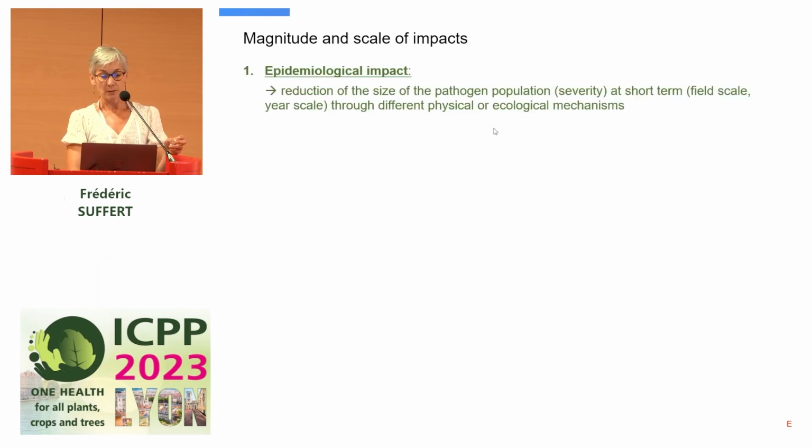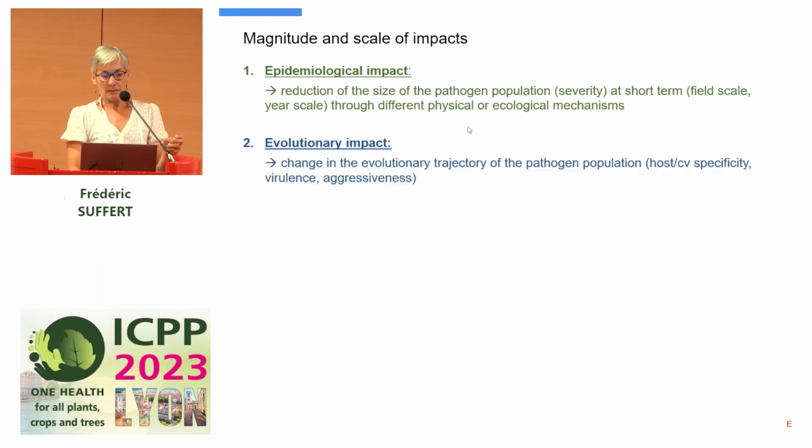For example, the physical and ecological mechanisms are expected to play a role in the reduction of the size of the pathogen population, so reducing the severity of the disease, and they act at short term, at the field scale and year scale. But there are also evolutionary impacts of some of the mechanisms, and that means a change in the evolutionary trajectory of the pathogen population.